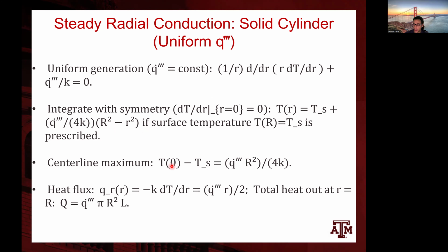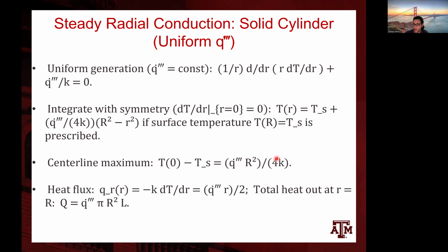And also this solution gives us this simple relationship that the centerline temperature compared to the surface temperature, so the periphery or the edge temperature of the pellet, is simply proportional to the amount of heat generated and the radius of the pellet and inversely proportional to the thermal conductivity of the material.